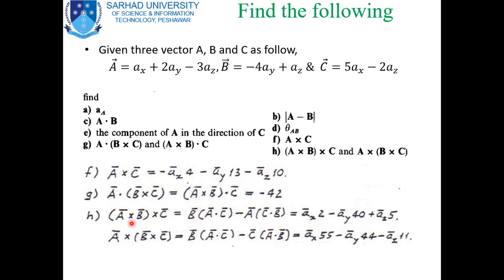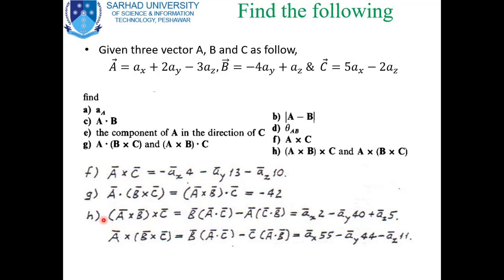In this form, the first two vectors appear in brackets, so we can convert this expression into the other form. First we have to change the order. If we change the order, we write vector C first, C cross A cross B, and then we will have a negative sign, because whenever in a cross product you change the order of vectors, you must put a negative sign.